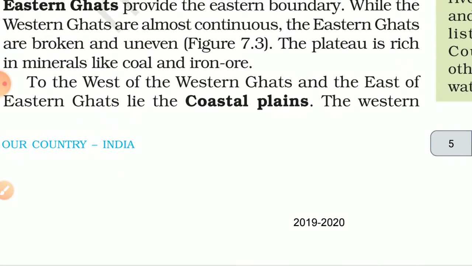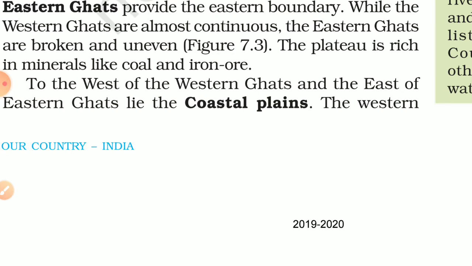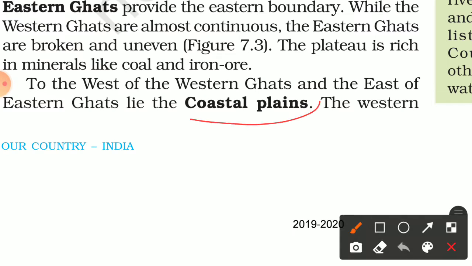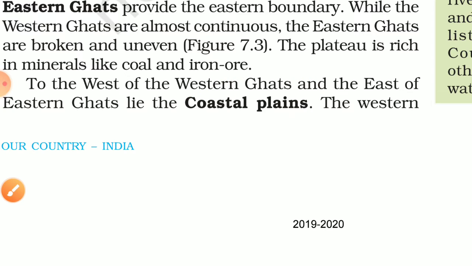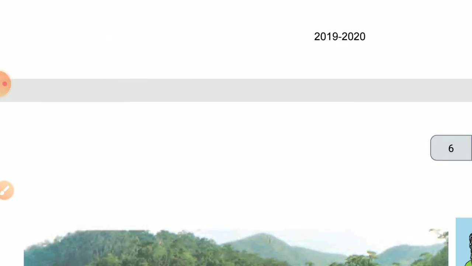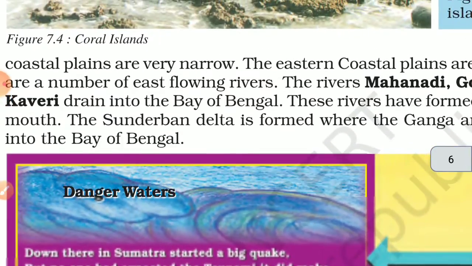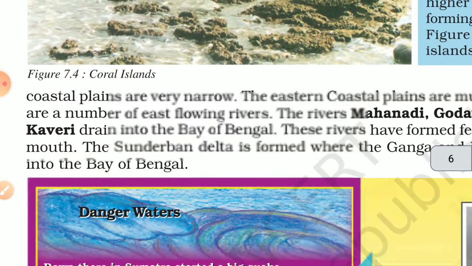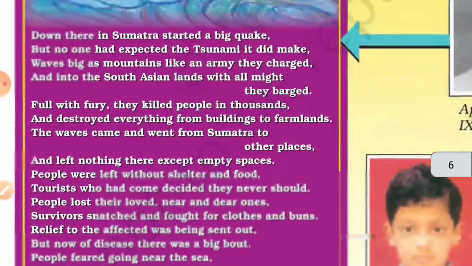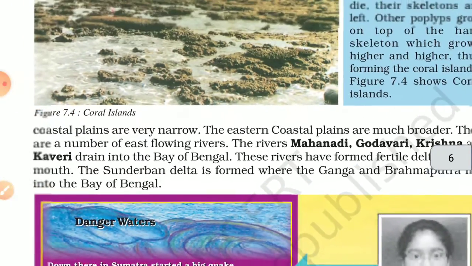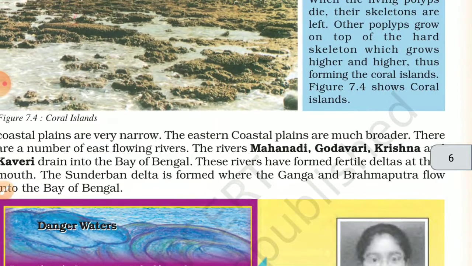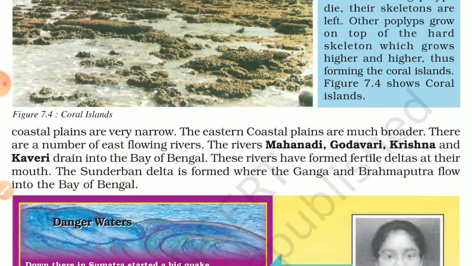To the west of the Western Ghats and the east of the Eastern Ghats lie the coastal plains. The western coastal plains are very narrow. The eastern coastal plains are much broader.